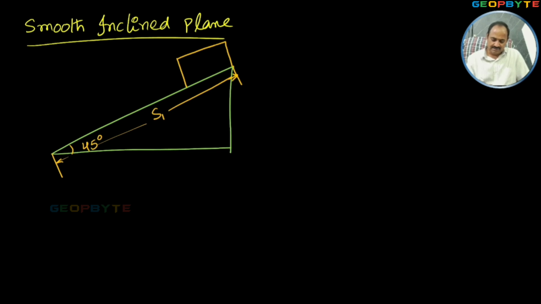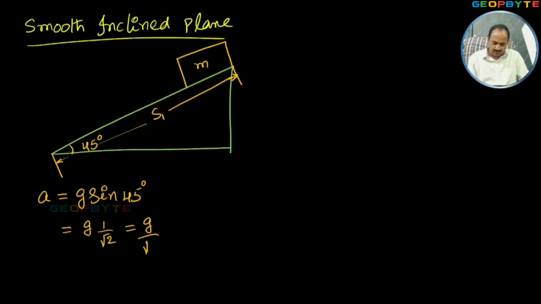For this inclined plane, let M be the mass of the object. The acceleration a equals g sin theta, that is g sin 45 degrees, which is 1 by root 2, so a equals g by root 2. That is the acceleration.